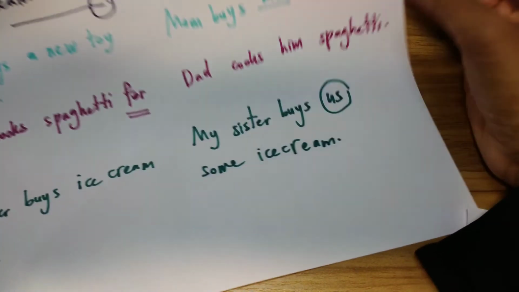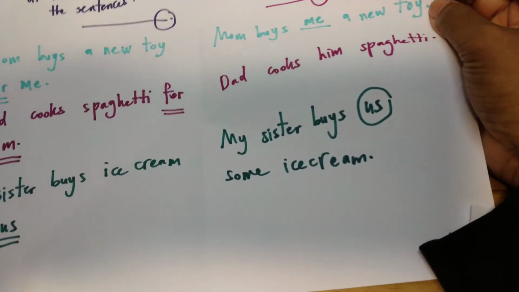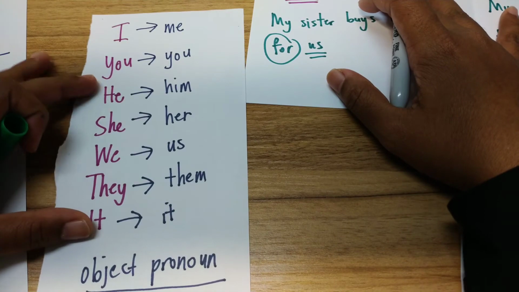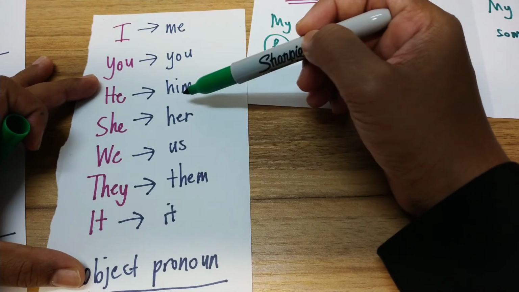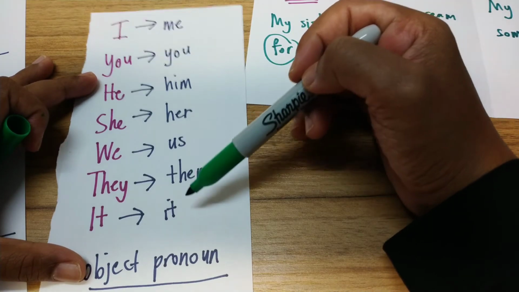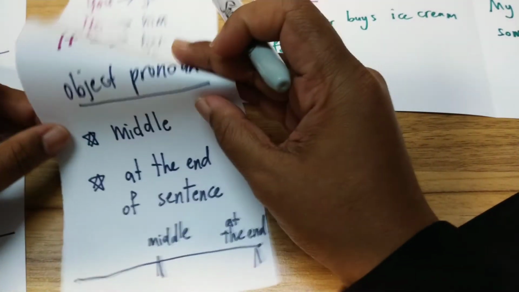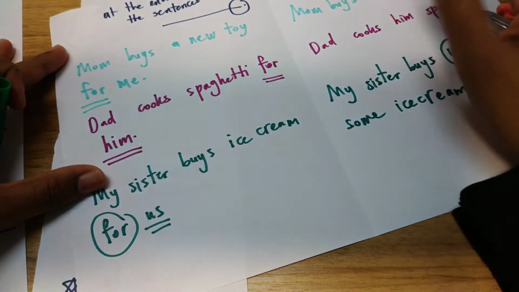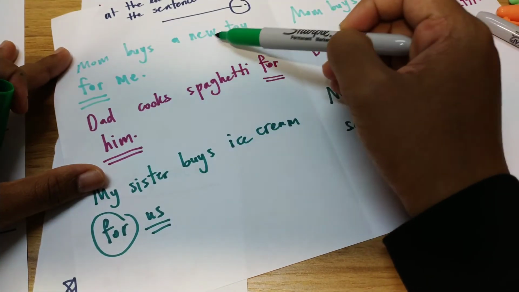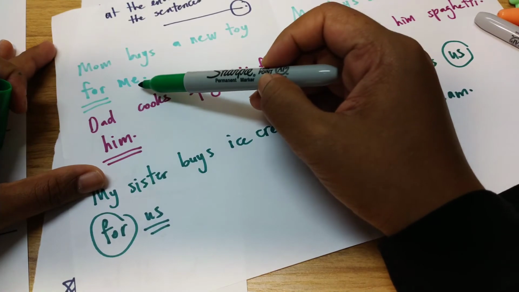Alright, it's very simple. You just remember, if the person's name is at the end, you need to use me, you, him, her, us, them, and it. You can use it in the middle or at the end of the sentence. For example, Mom buys a new toy for me.